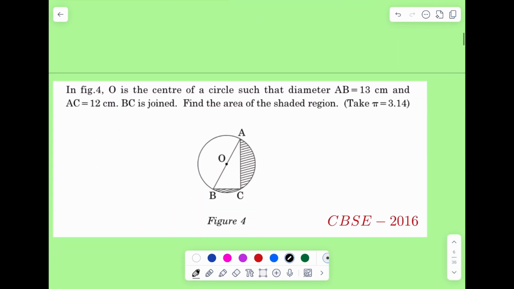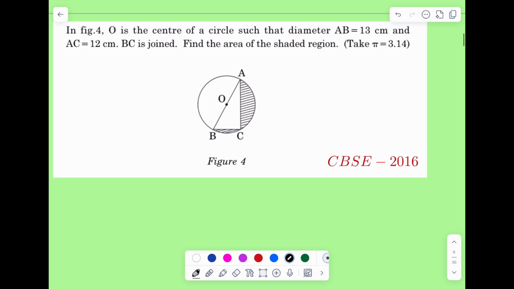And this is the last question we will discuss. Find out the area of the shaded region. Let A1 be the area of the semicircle SCB. This semicircle is this one.